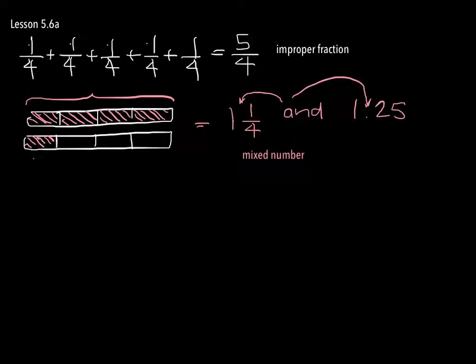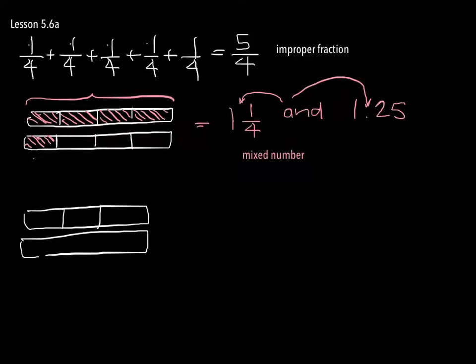So let's look at these. Oops, I need my writing instrument here, I apologize. So I have this, and I have this. When I write this, I want to know what this looks like as a mixed number and as an improper fraction.